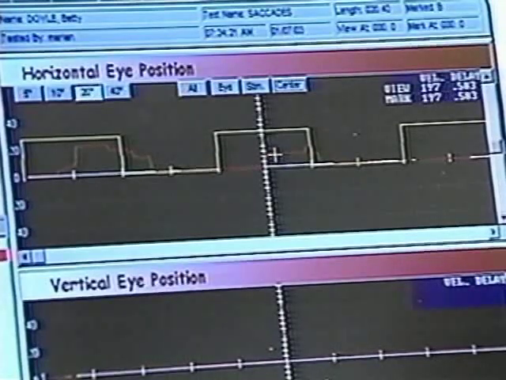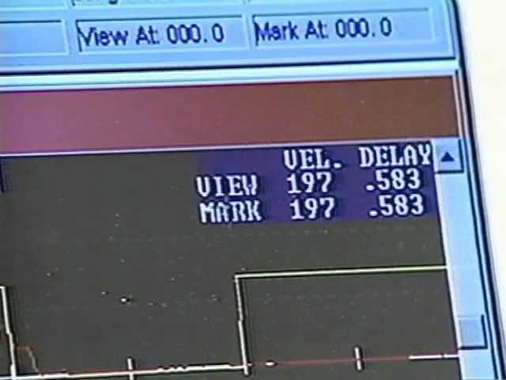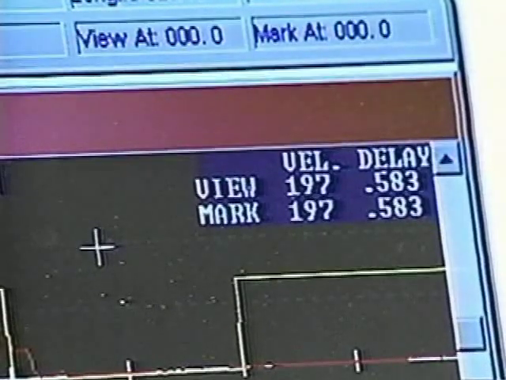In addition to the abnormal morphology, we are also seeing that the velocity and the delay are grossly exaggerated, demonstrating abnormal findings from both the morphological and the numerical analysis.